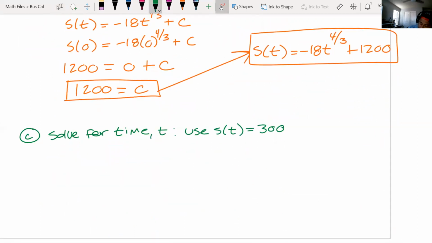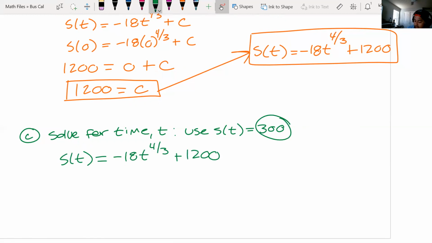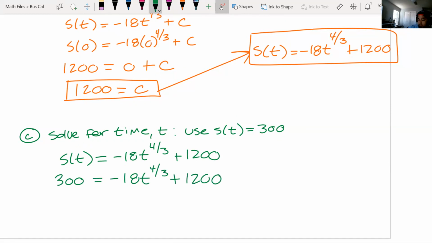Okay, so I'm going to rewrite our equation, negative 18 t to the 4/3 plus 1200. And we are going to plug 300 in for all of S of t, not t, S of t. So you're going to get 300 equal to negative 18 t to the 4/3 plus 1200. All we have to do is solve for t.